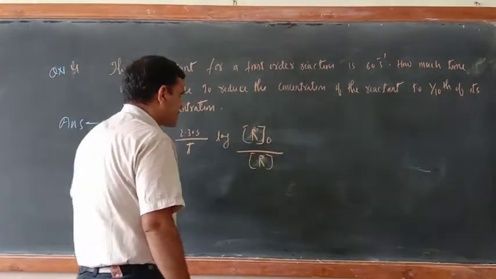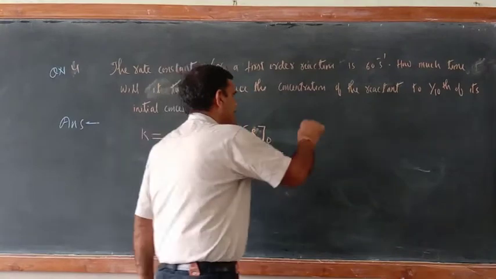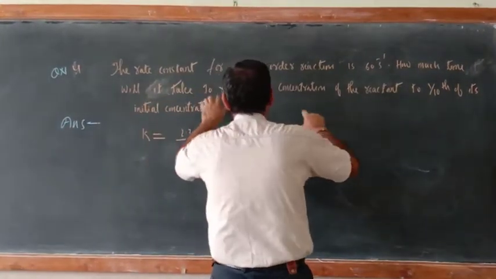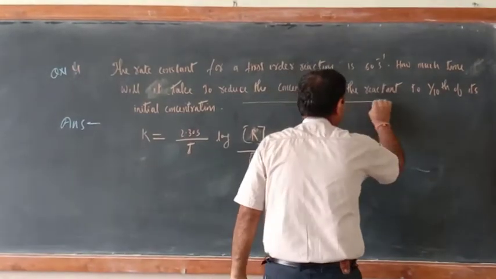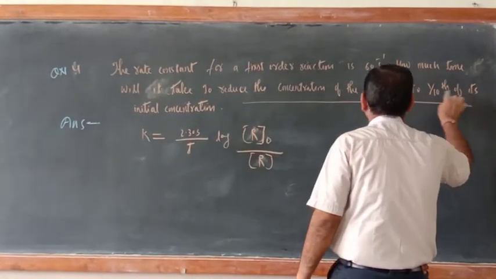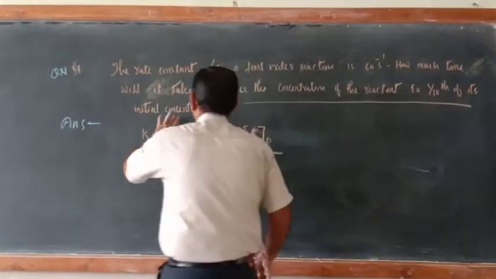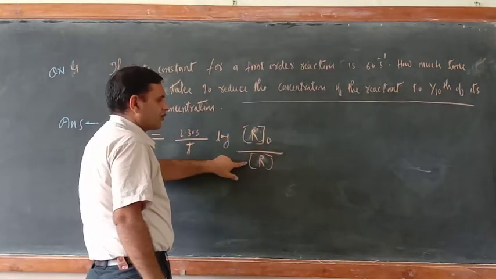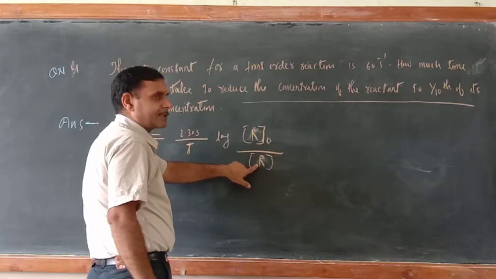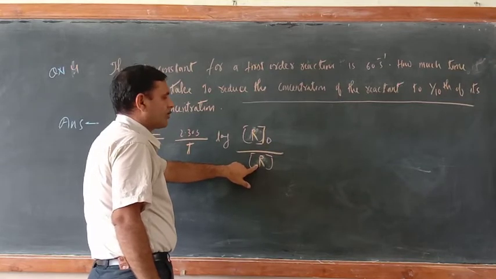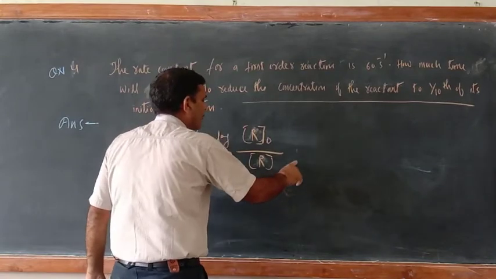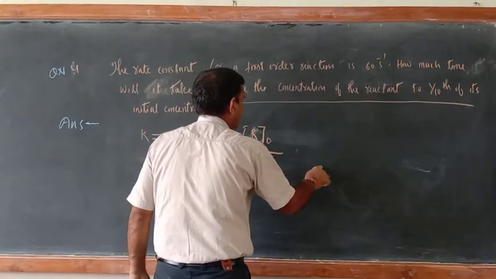It is very clear in the question: how much time will it take to reduce the concentration of the reactant to 1/10 of its initial concentration. So the initial concentration is R0, and R is the concentration at time T. In place of R we can write 1/10 R0.